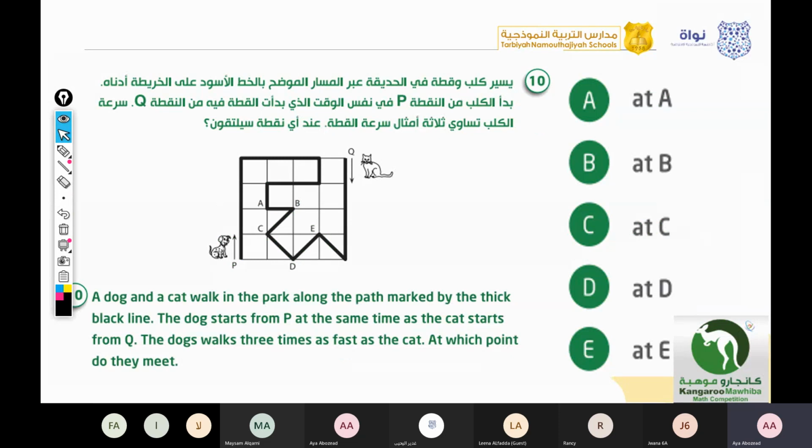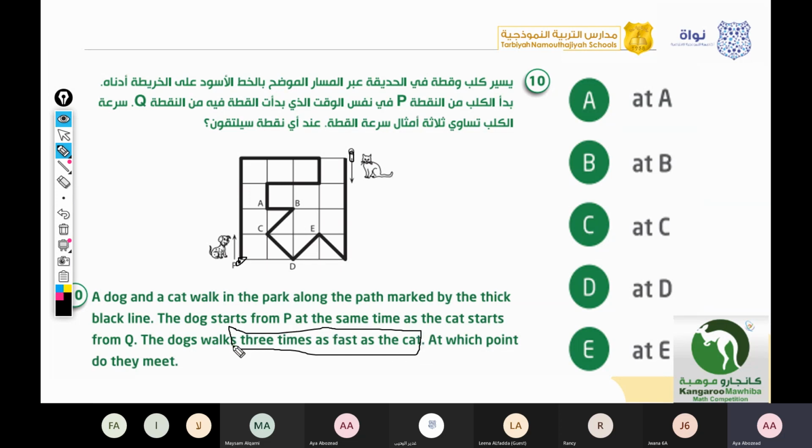Now, a dog and a cat walk in the park. We have a dog, we have a cat along the park, marked by the thick black line. The dog starts from B and the cat starts from Q. Now they move on the thick black line, but the dog walks 3 times as fast as the cat.